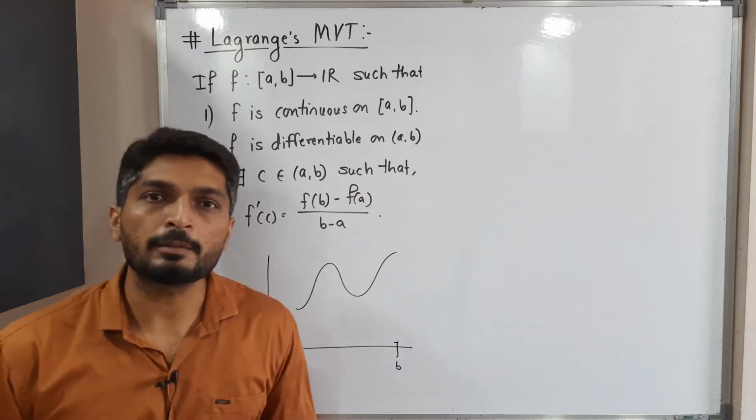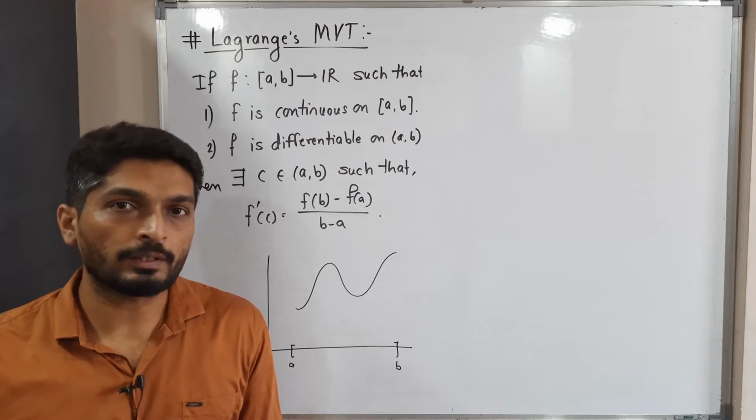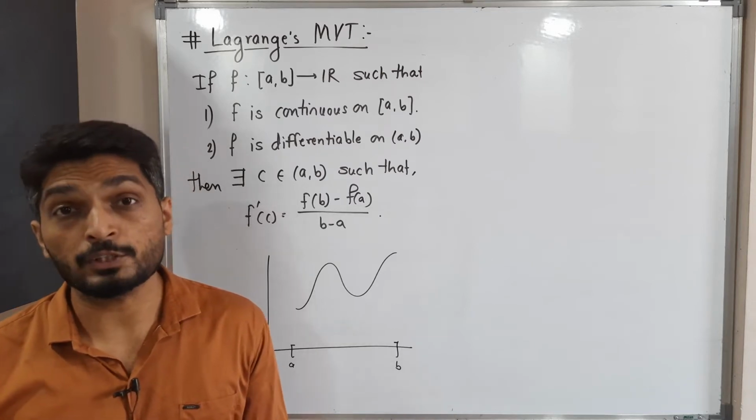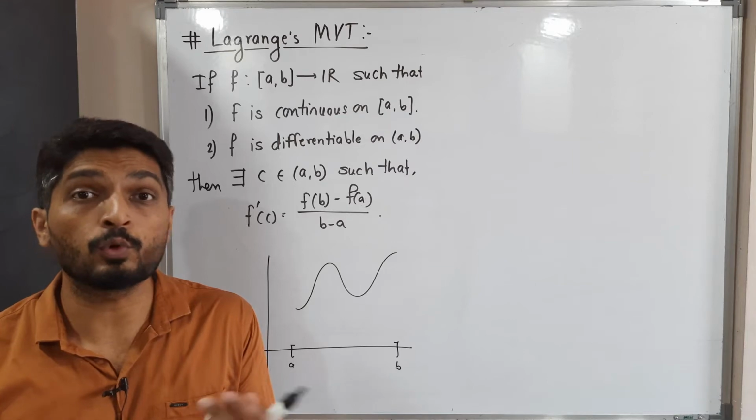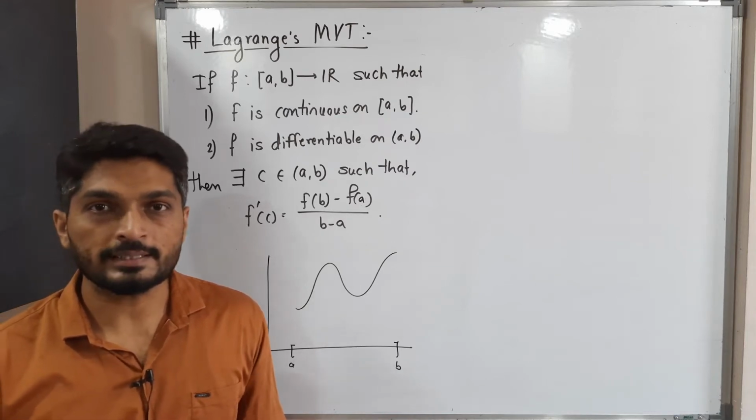So what is the geometrical meaning of it? Are you familiar with this formula? (y2 minus y1) upon (x2 minus x1). This is the formula to find slope. So it has the same meaning.